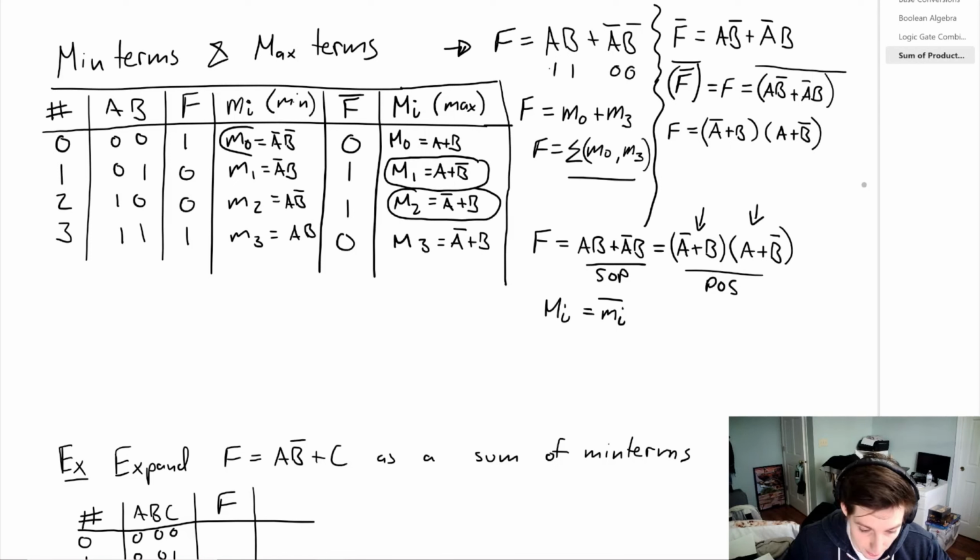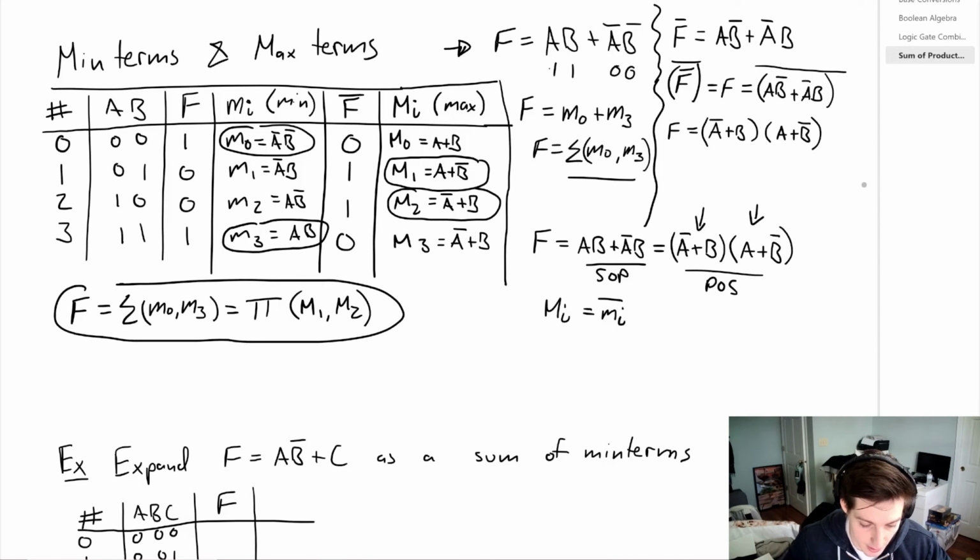So if we look at our minterms and our maxterms and look at f, we can express f as the sum of minterms, or we can express it as the product of maxterms.